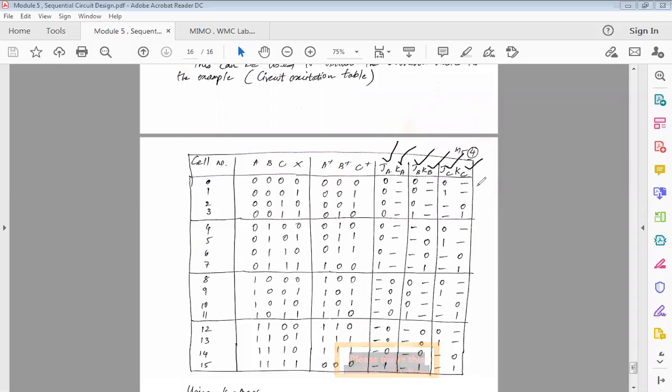I can go back. Is it all fine? Please take down this table and come out with equations.